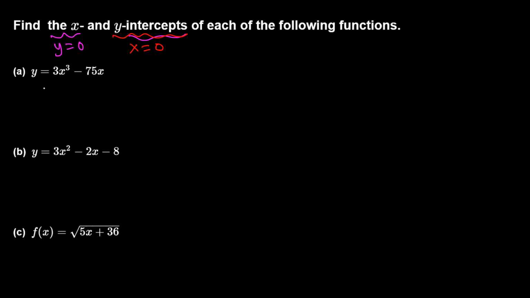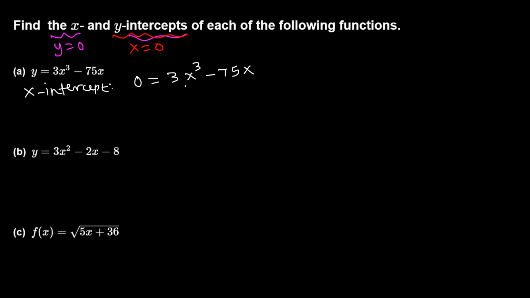Okay, so in part A we got this function. To find the x intercept we set y equals 0. So 0 equals 3x cubed minus 75x. Now we need to solve this equation.